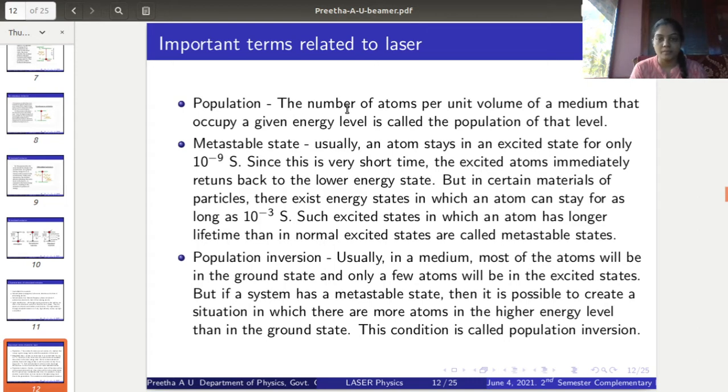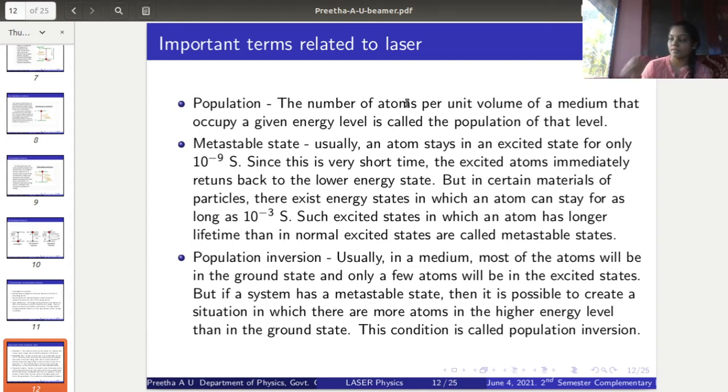That is, the number of atoms per unit volume of a medium that occupy a given energy level is called the population of that level. And we have discussed it in the last class. Usually a material medium consists of the same atoms having energy levels, and many of the atoms are confined to the same energy levels, and the number of atoms per unit volume of a medium that occupy a given energy level is called the population of that particular level.